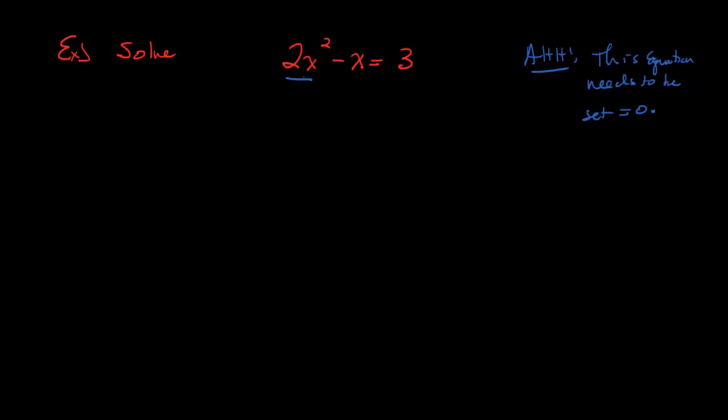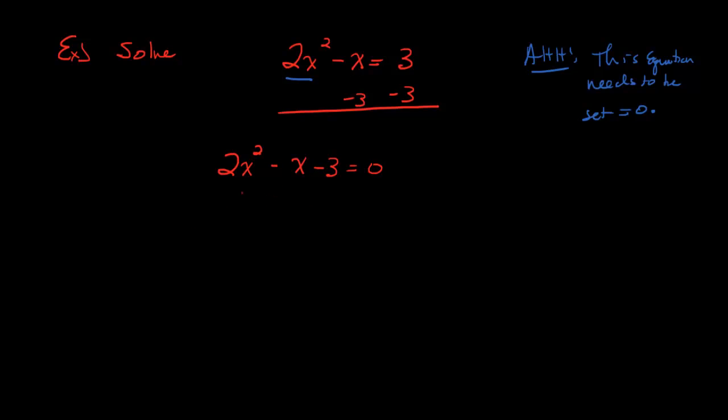It's a quadratic, and the only time I can solve this quadratic is if it's set equal to 0. So the first thing I have to do is set it equal to 0 by subtracting 3 on both sides. So we get 2x squared minus x minus 3 set equal to 0.